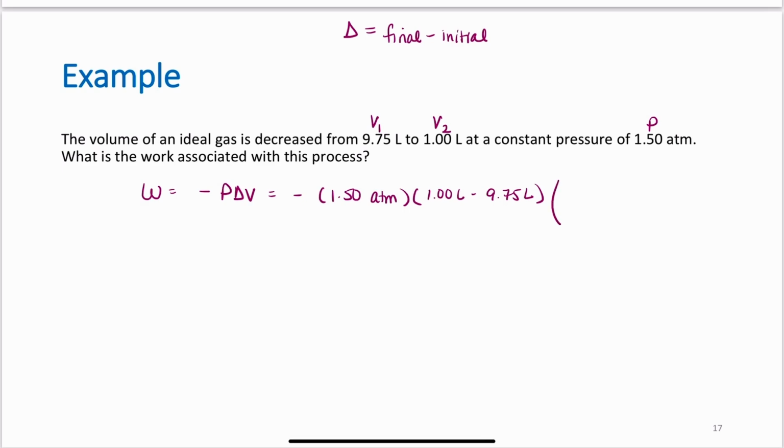I need to remember my conversion factor, 101.3 joules to 1 liter atmosphere. Calculate this through, I get work equal to 1329 joules, and I'm going to round for sig figs. Now when I subtract here, I'm going to keep it to 2 decimal places, which is 3 sig figs. So overall I need 3 sig figs in my calculation, 1.33 kilojoules. And so the work done here was 1.33 kilojoules.